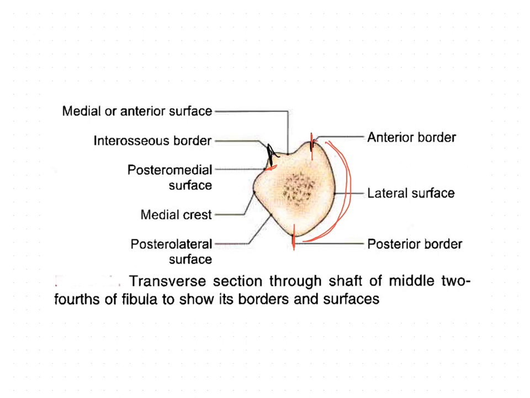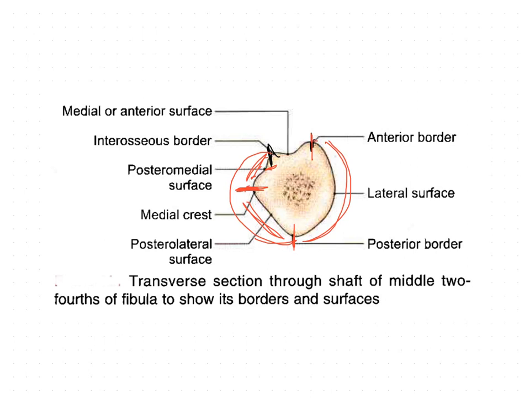The surface between the interosseous border and the posterior border is called the posterior surface. In the posterior surface there is a medial crest, which divides it into the posteromedial surface and the posterolateral surface.